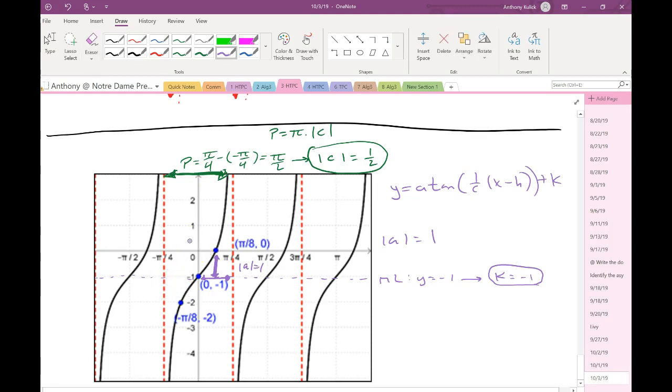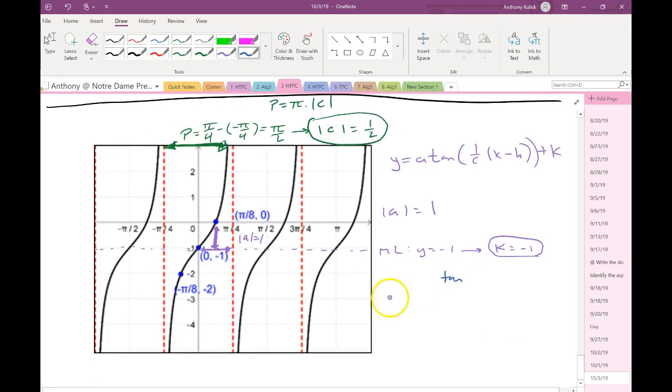The last thing that I'm going to need to find is my h. So for tangents in the parent function, I have a midline point at 0, 0. And on my transformed function, I have a midline point at 0, -1.